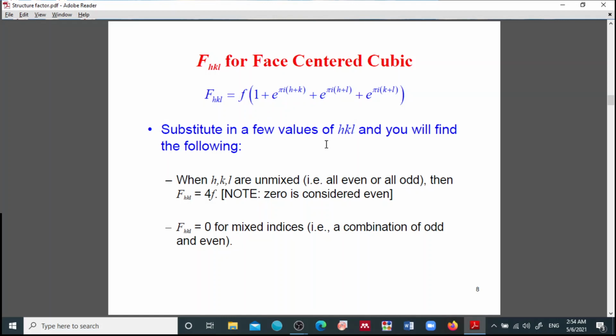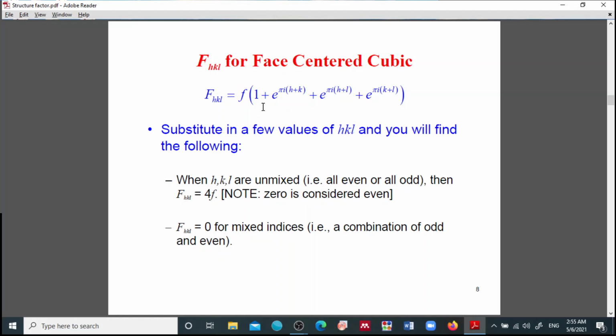And now we can put some of the values of h, k and l, and then we will find that if h, k and l are unmixed, I mean all even or all odd, then F(hkl) is equal to 4f. So it means that this is non-zero.